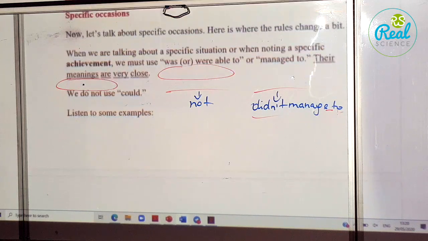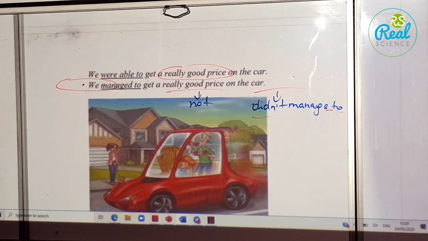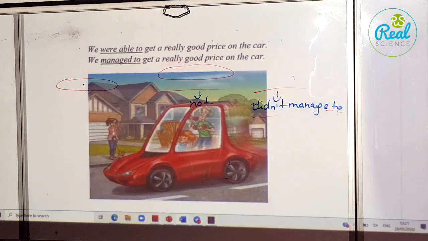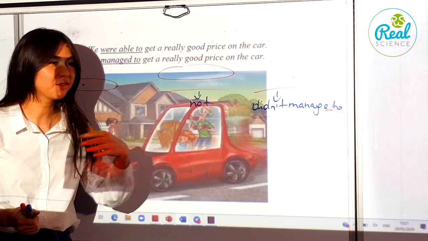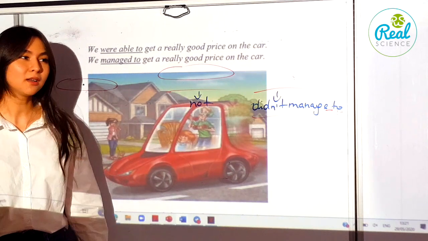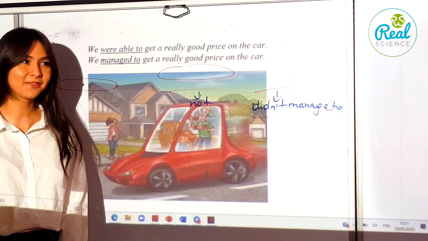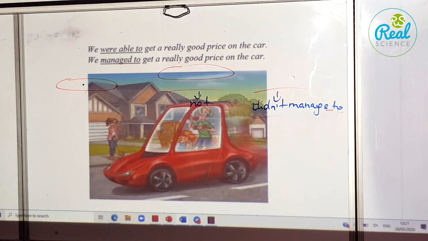Now let's read some examples. Who wants to read about this car? We have actually Abu Bakr, Karimova, Aziza. Aziza, can you read? We were able to get a really good price on the car. We managed to get a really good price on the car.